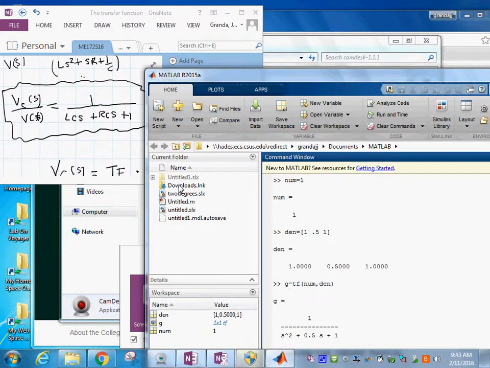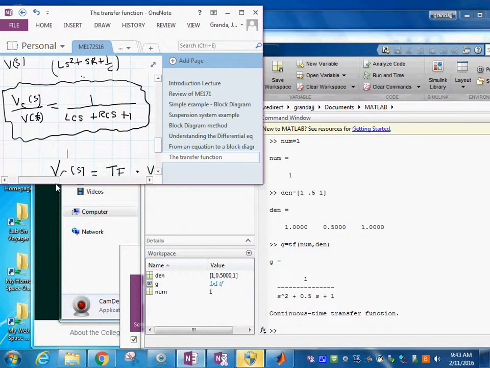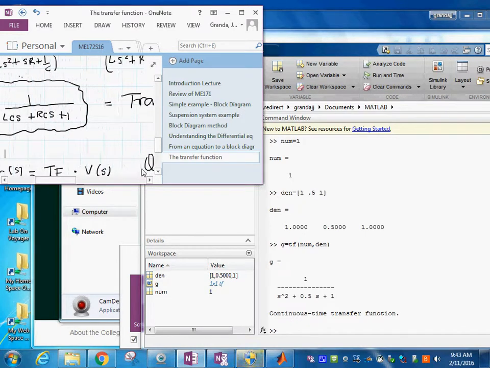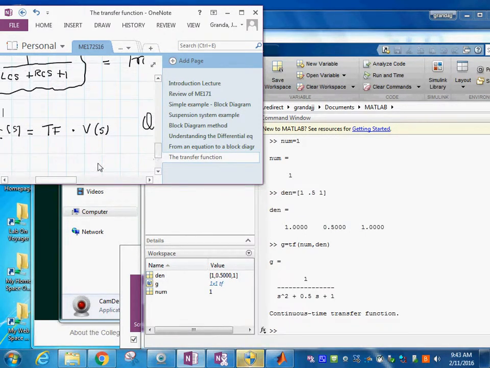Now here's something very important that we need to consider. If you put it in this form, where the voltage output is the transfer function times the input, then it follows that I could give a step input to this transfer function and get the voltage answer.